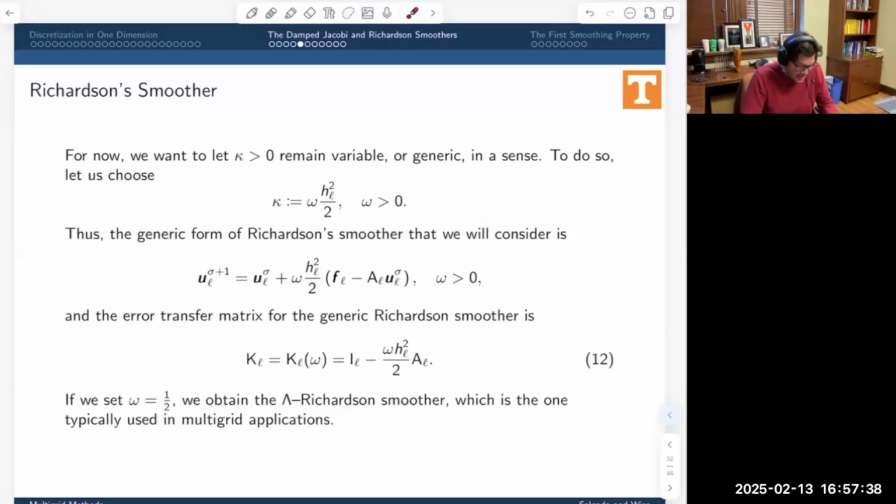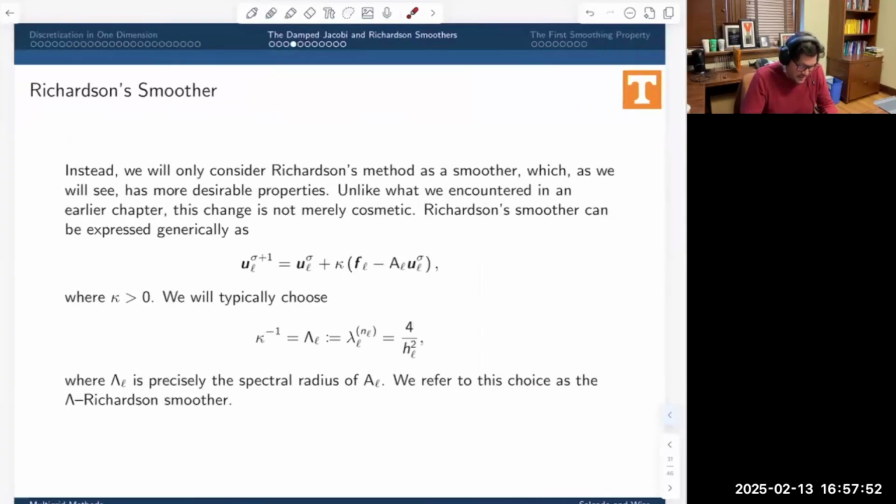Now, if I take omega equal to a half, then this right away becomes HL squared over 4. Okay, if I replace omega with a half, HL squared over 4, that's precisely what I get when I use the lambda Richardson smoother.